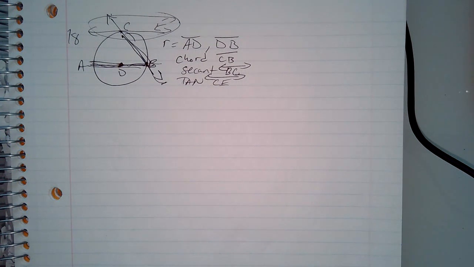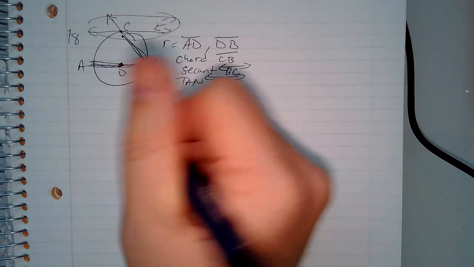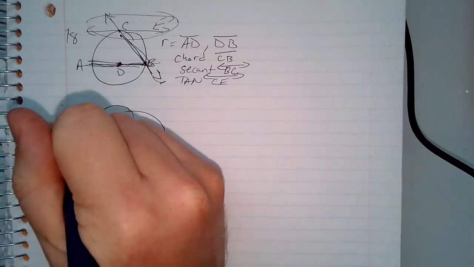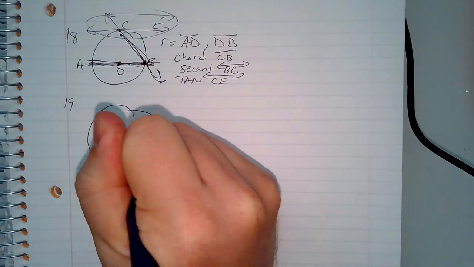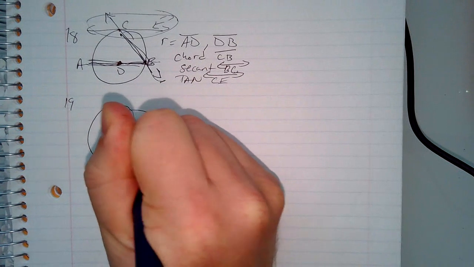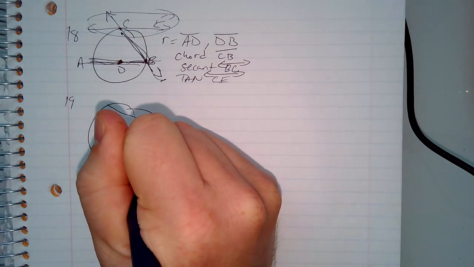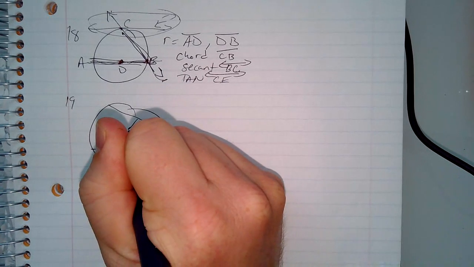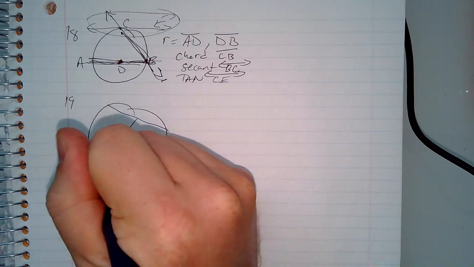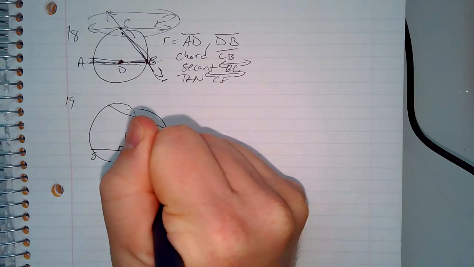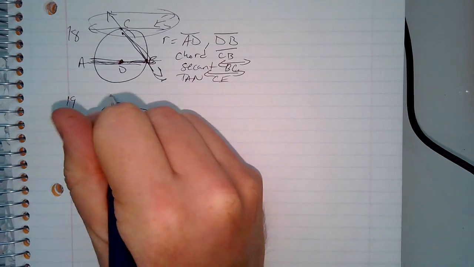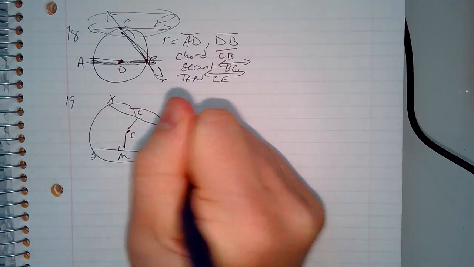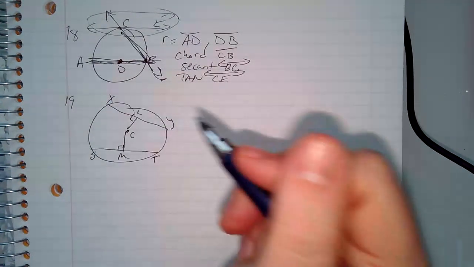All right, number 19. Number 19 says, in circle C, CL is equal to CM. We got this business going on: S, M, T, and X, L, Y, and we know that these are two right angles.